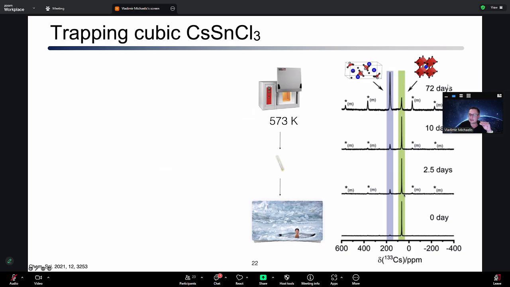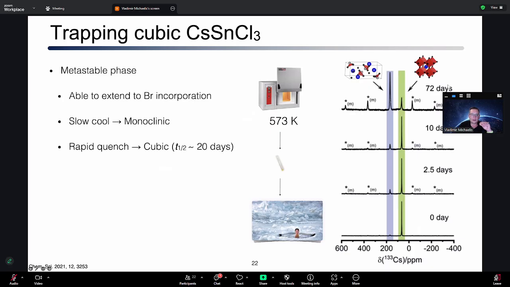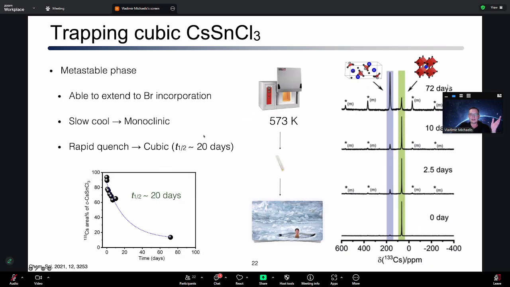And then as the time goes on, day by day, you start growing in a little bit of that monoclinic phase until about 2 or 3 months later, you have a predominant phase of this monoclinic system. So we know that we have basically about 20 days to deal with this material. And that's enough where we can basically use a cubic chloride phase and a cubic bromide phase and start making a solid solution out of these.